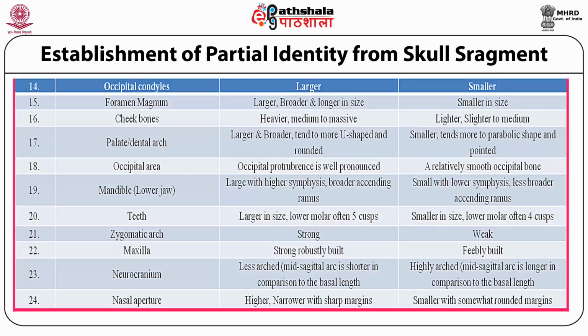Zygomatic arch, which is strong in males and weak in females. Neurocranium, that is less arched, or the mid-sagittal arc is shorter in comparison to the basal length in males, whereas it is highly arched in case of females.